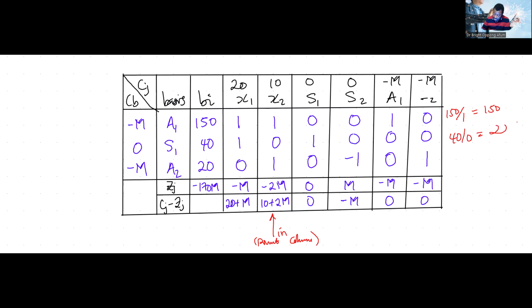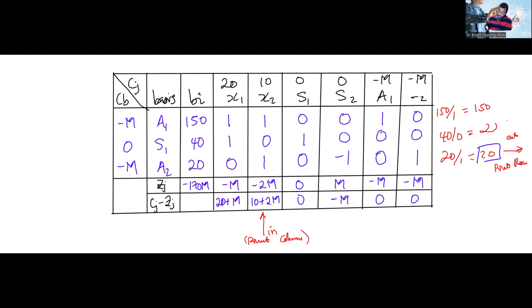Then 20 divided by 1 is equal to 20. Because 20 is the minimum, that row is our pivot row. Very simple, right? Therefore, this number is our pivot number.